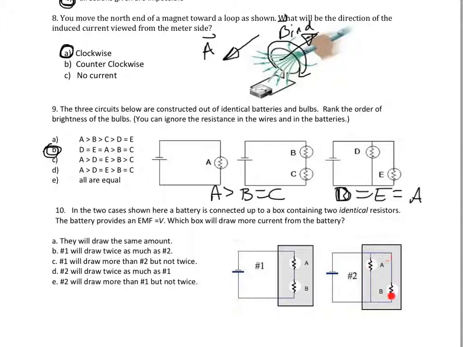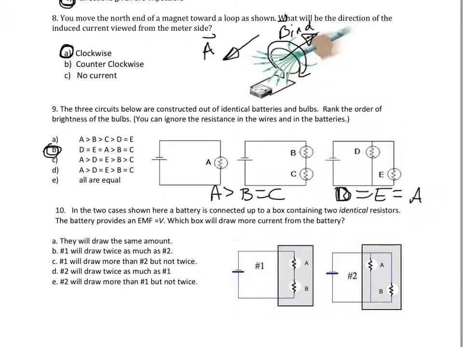Each of these paths has the same resistance as one of these, but in addition, these are in parallel, so the resistance of this is clearly less than the resistance of just one of them, which is less than these. So clearly 2 draws more current than 1.